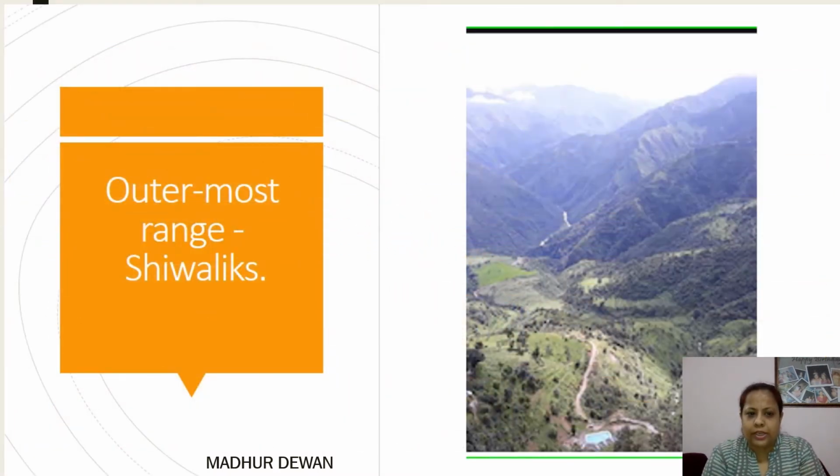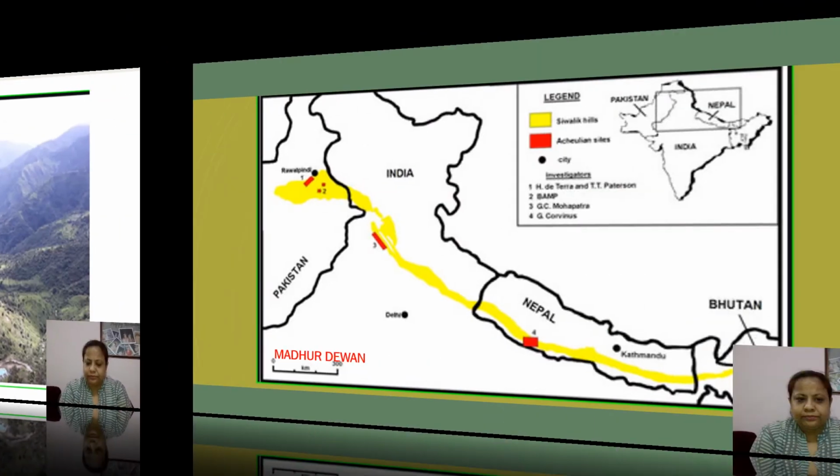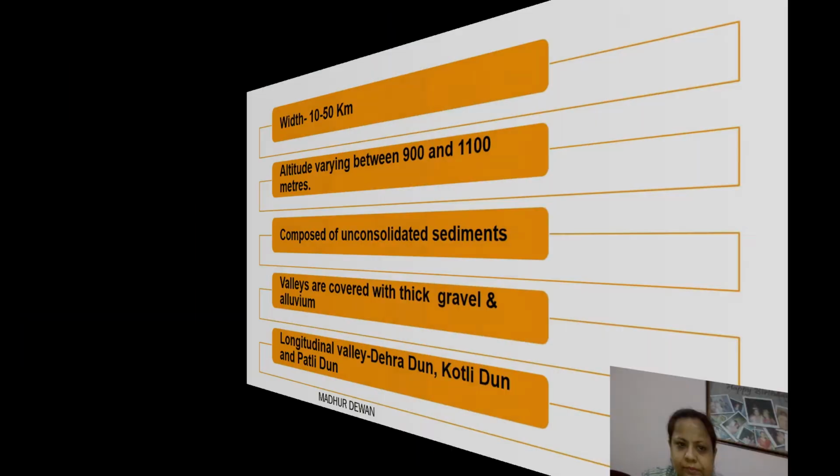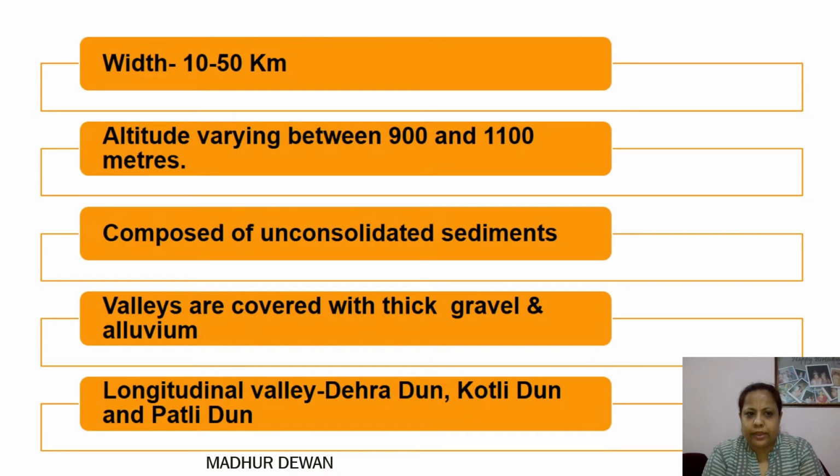The outer range, that is Shivaliks. We can see here the yellow highlighted range. You can easily see it on the map. The width here is 10 to 50 kilometers, whereas the height is between 900 to 1100 meters.